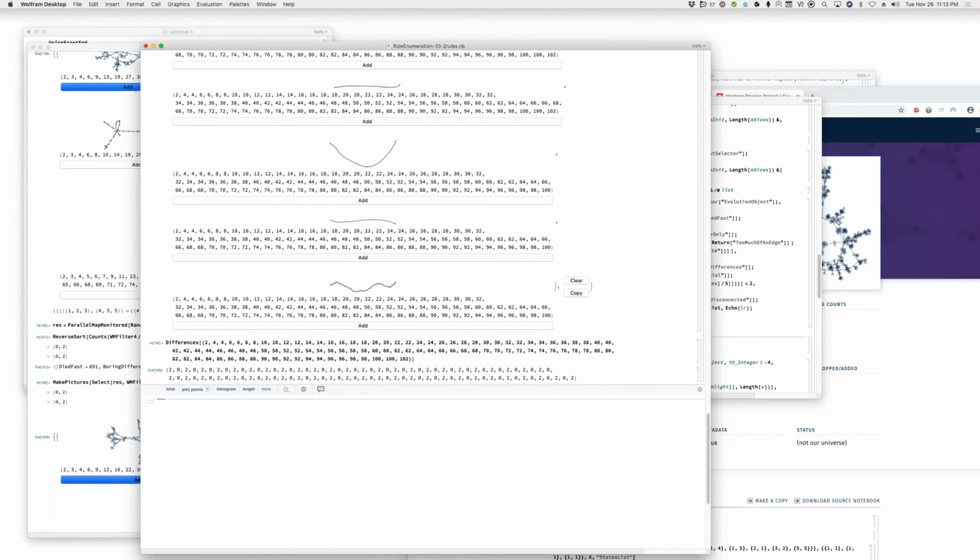I should put a periodicity detector for the difference patterns. Go back and do that. Right.